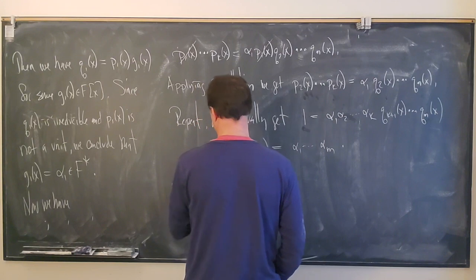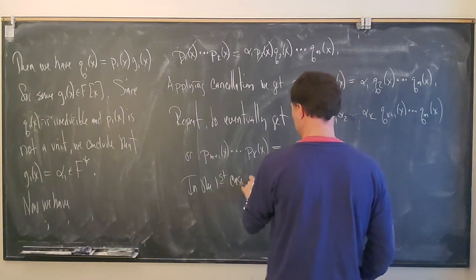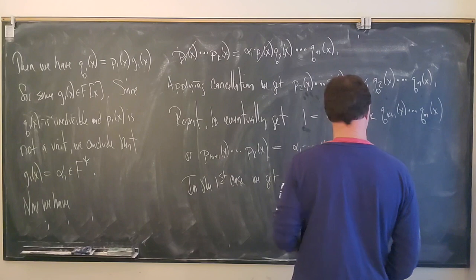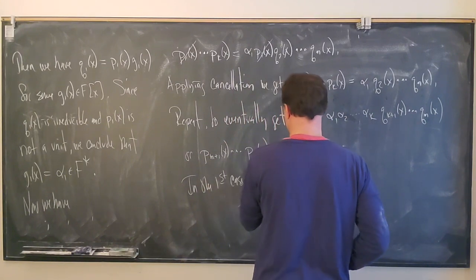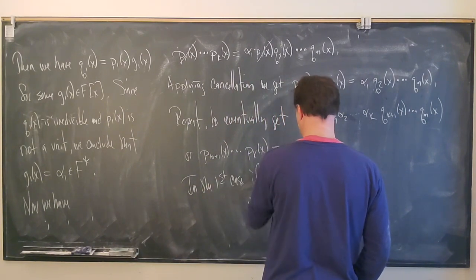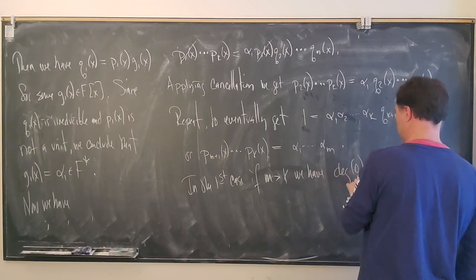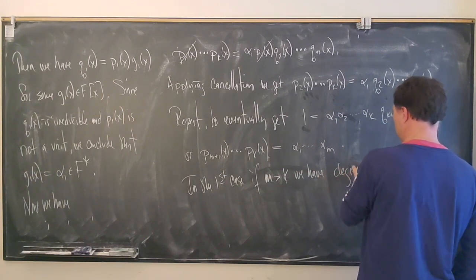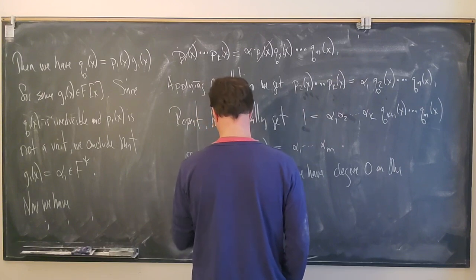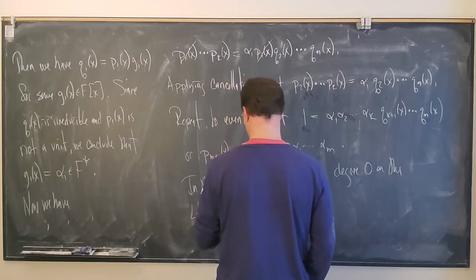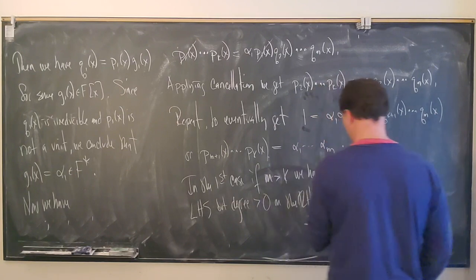So now, in the first case, if m is strictly greater than k, we have degree 0 on the left-hand side, but degree greater than 0 on the right-hand side, which is a contradiction.